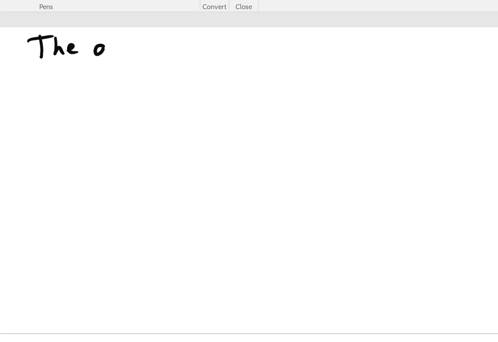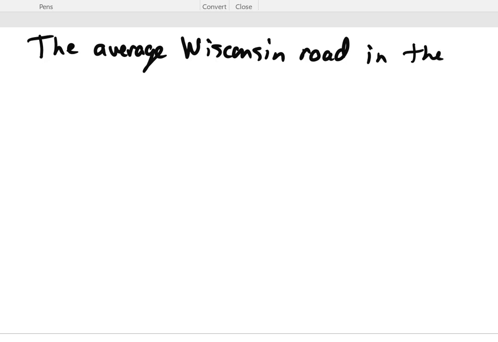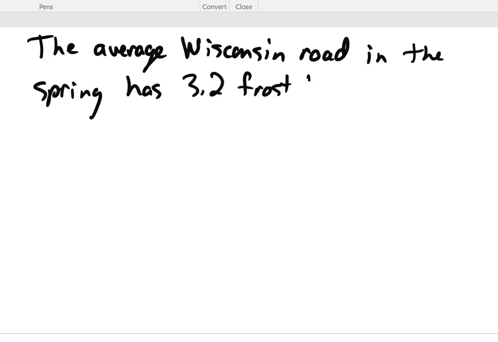Let's say the average Wisconsin road, I live in Wisconsin, so that's why I'm using this statistic, in the spring has 3.2 frost heaves per mile. In the spring, our roads get busted up as the frost comes out of the ground.